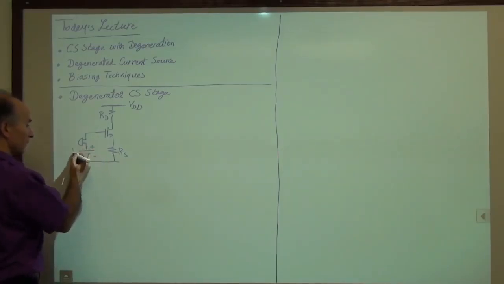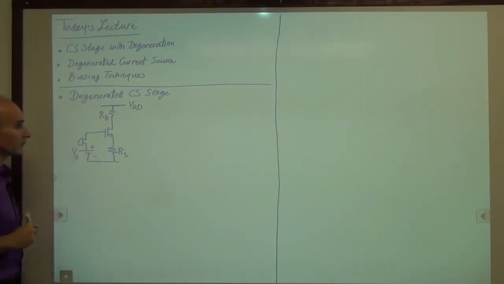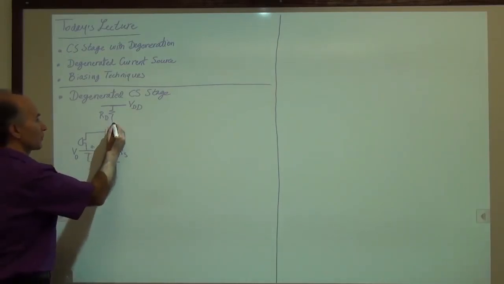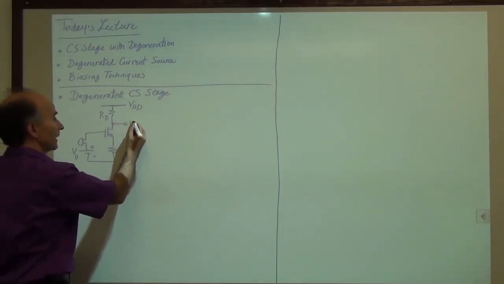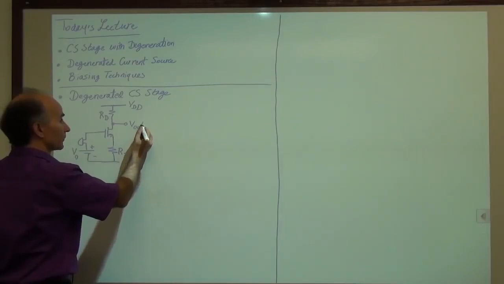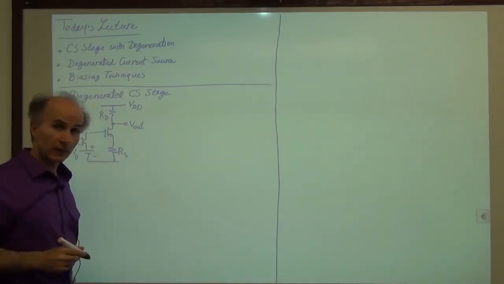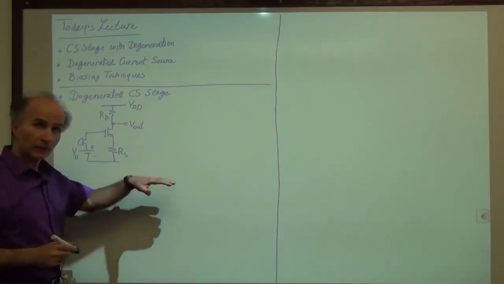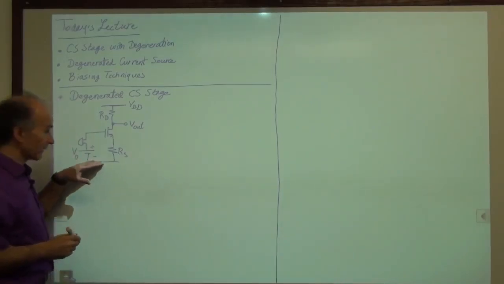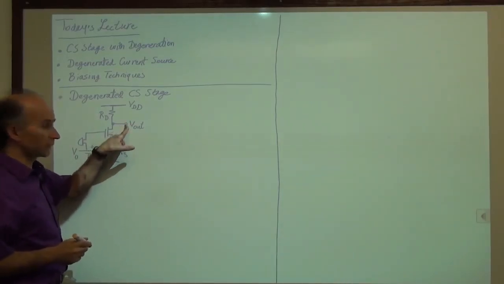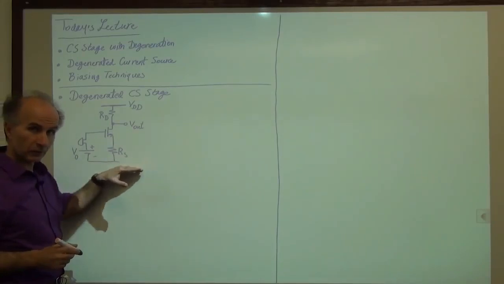So that's what we call V0. Okay, the output, as usual, is taken from the drain with respect to ground, not with respect to the source. The common rail to us, the common reference, is the ground, not here. So this voltage is measured with respect to ground.